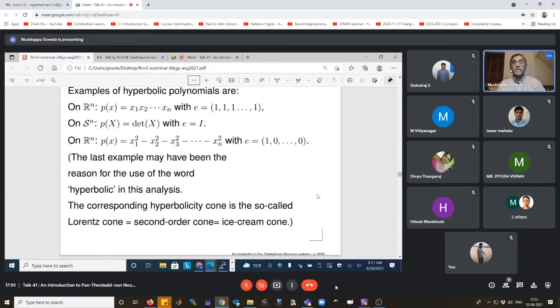Notice that p(x) is generated by a matrix whose eigenvalues are 1, negative 1, negative 1, dot dot dot. And if I simply restrict this to 2 dimensions, I get x1 squared minus x2 squared, and that gives a hyperbola. The corresponding hyperbolicity cone in the last example is this famous Lorentz cone, or the second order cone, or the ice cream cone.